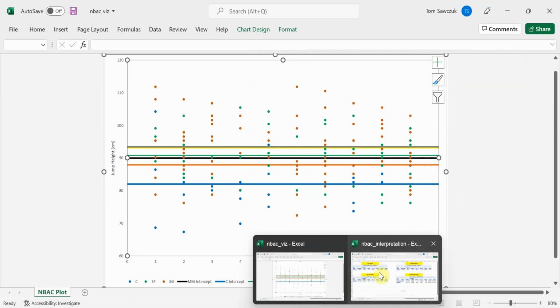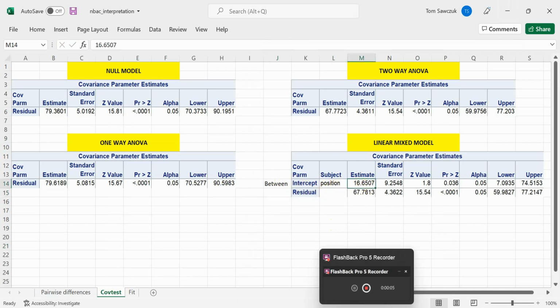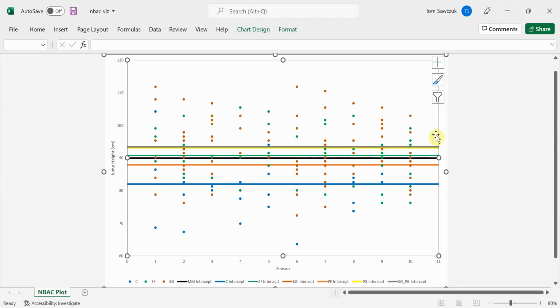Now, if you open the interpretation spreadsheet and go to the CovTest worksheet, this between position variance represented by the intercept with the subject's position, this variance here represents the difference between these lines and the grand mean intercept, the black line.